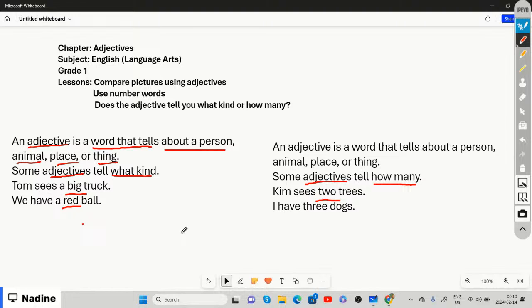Kim saw 2 trees, or sees 2 trees. And I have 3 dogs. So now you ask yourself, how many dogs do you have? Or you ask the next person, how many dogs do you have? And they're like, I have 3 dogs. So how many dogs? 3 dogs, 2 dogs, 1 dog, right?